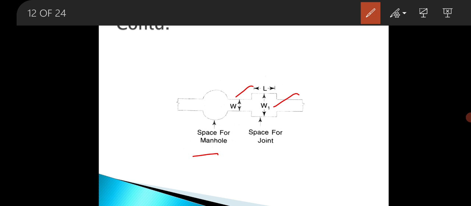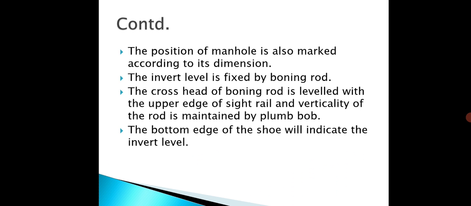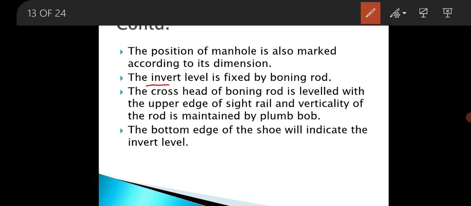Then the excavation is started according to the marking, and the invert level or the bottom level is fixed by the boning rod that we have adjusted. The crosshead of the boning rod is leveled with the upper edge of the side rail, and the verticality of the boning rod is maintained by plumb bob.